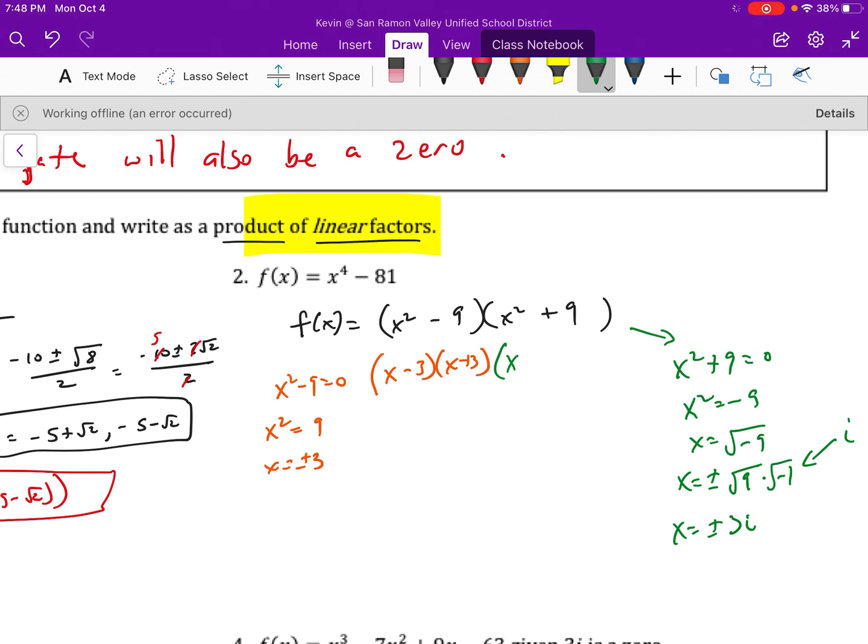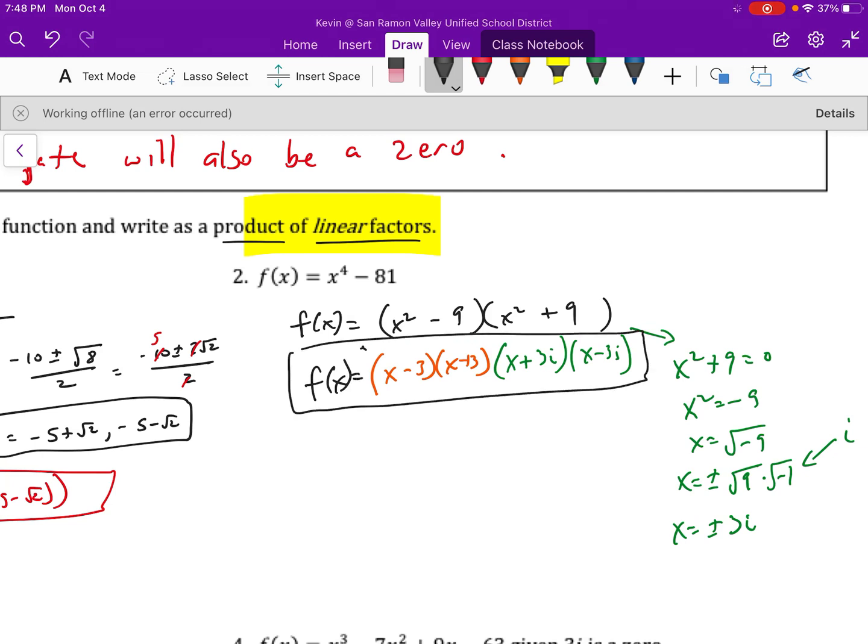All right, so come over here. This is going to be x plus 3i and x minus 3i. So in terms of writing the product of our linear factors, that's what we now would have. We would set f of x equals that, the product of our linear factors.